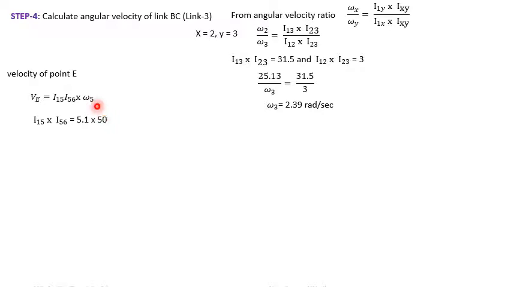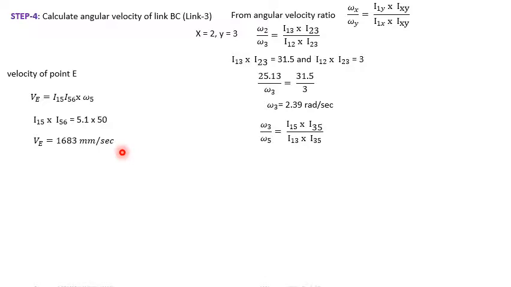So I15 and I56, we got 5.1 centimeter. The length is 5.1 centimeter. Multiply by the scale. Therefore, VE becomes 1683 millimeter per second.